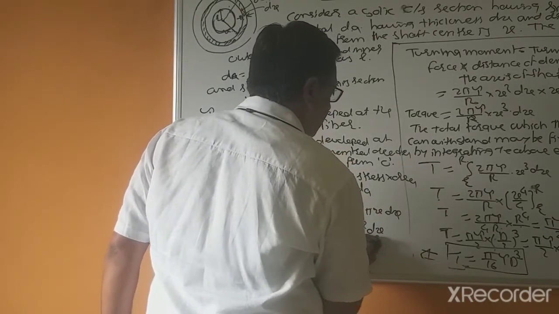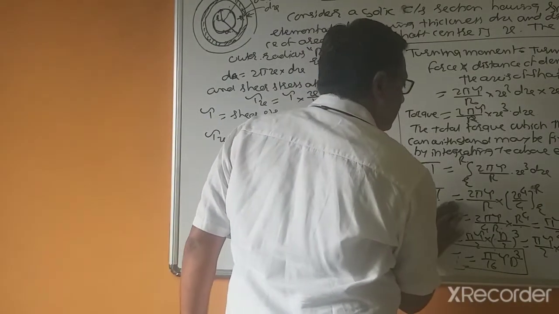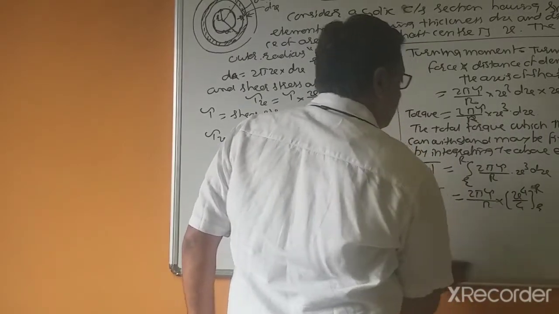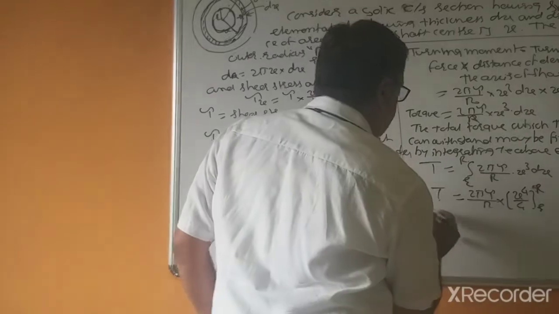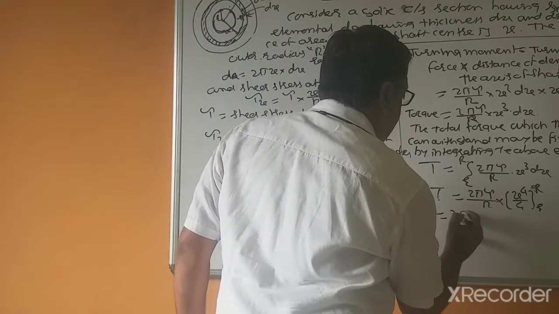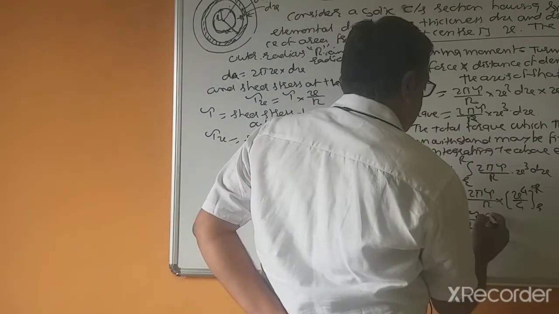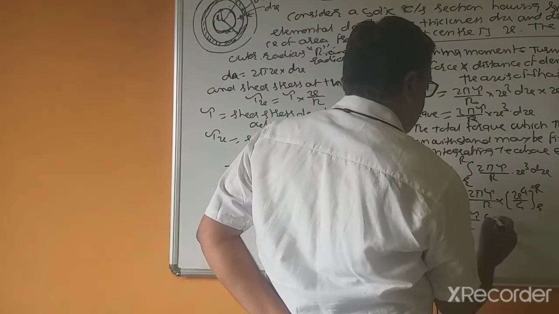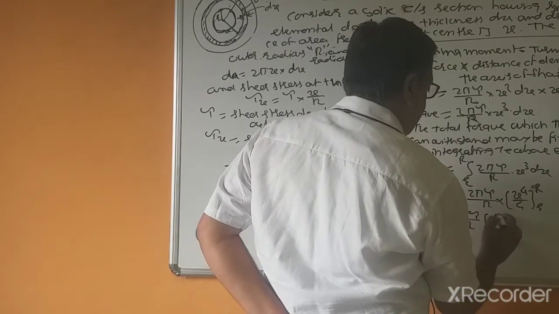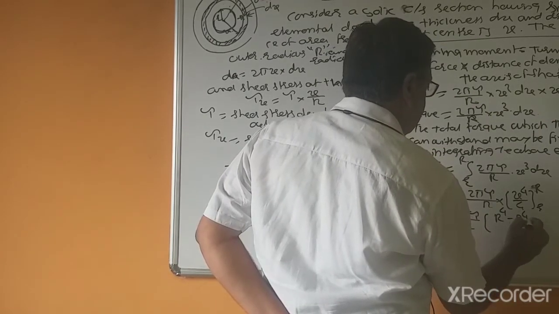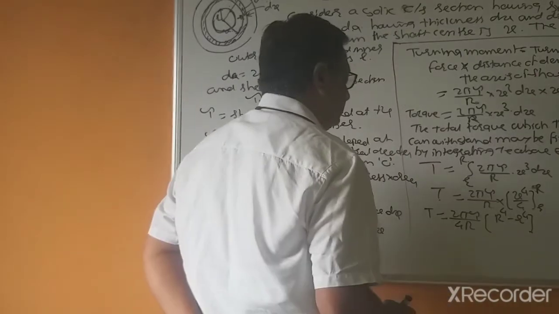So that's why this equation becomes 2 pi tau divided by r, and this is capital R raised to 4, small r raised to 4.